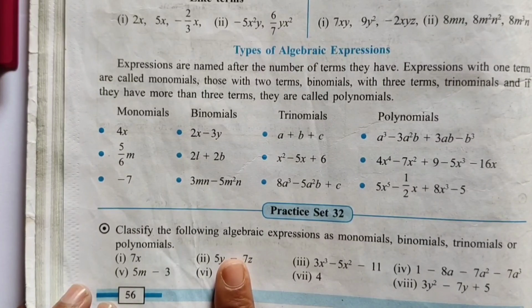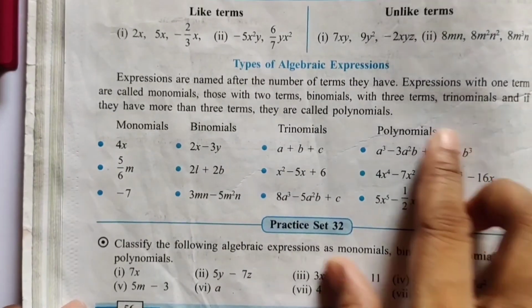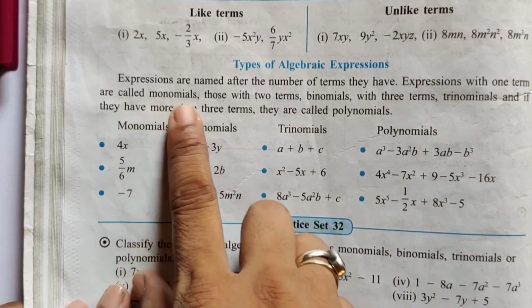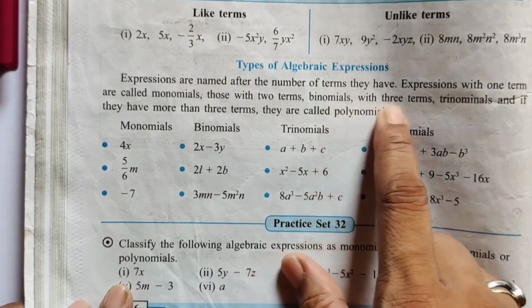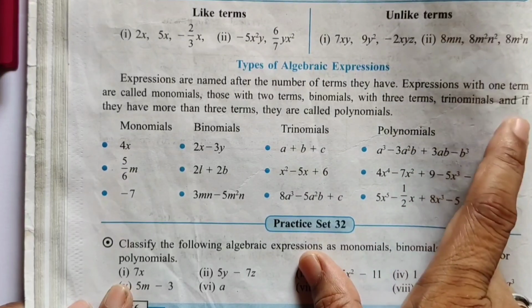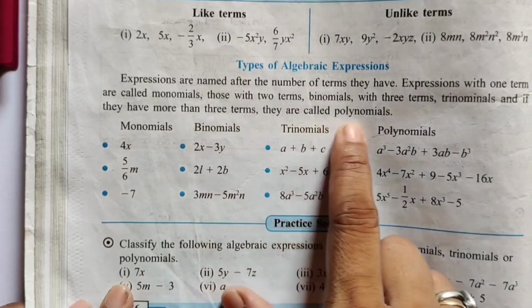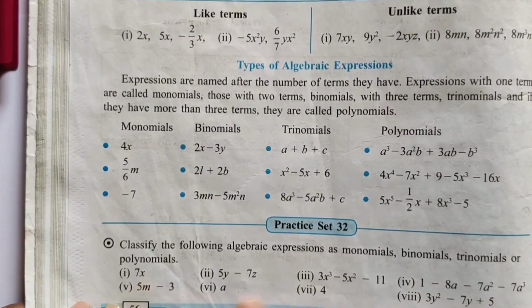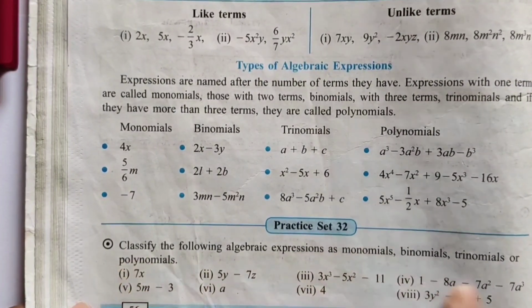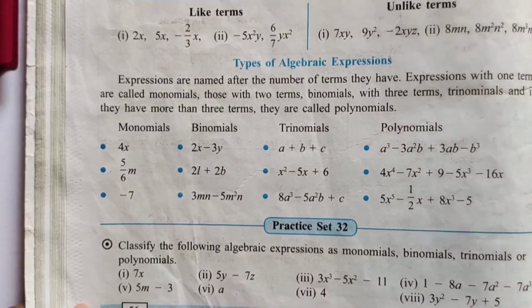Just now we have seen that an expression with one term is called monomial, those with two terms are called binomial, and with three terms are trinomial, and if they have more than three terms they are called polynomials. So we have to classify these given expressions into monomial, binomial, trinomial and polynomial.